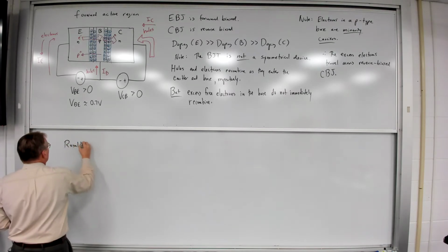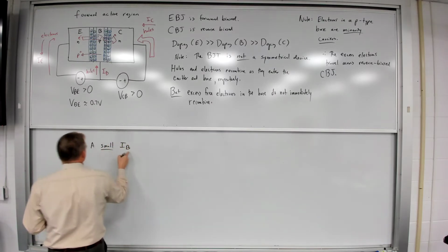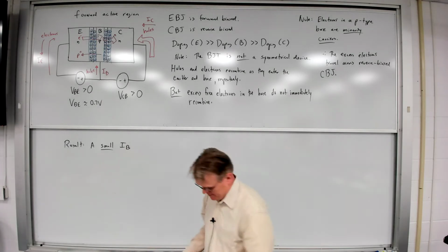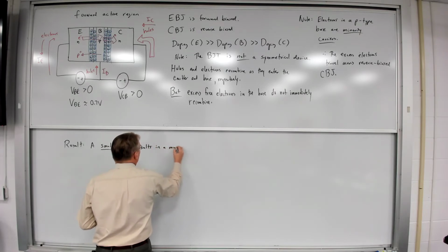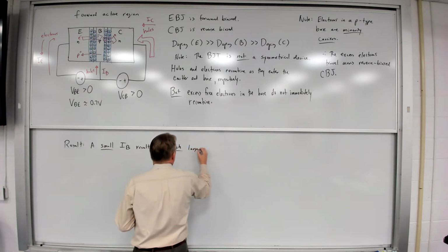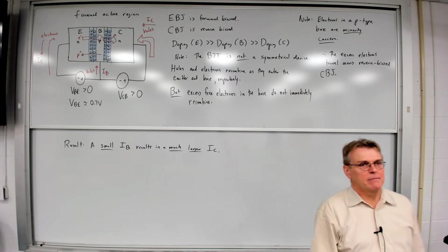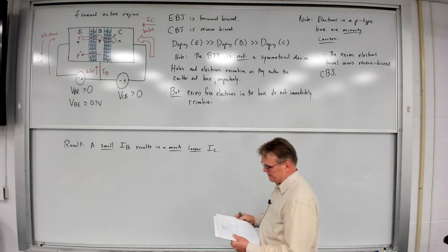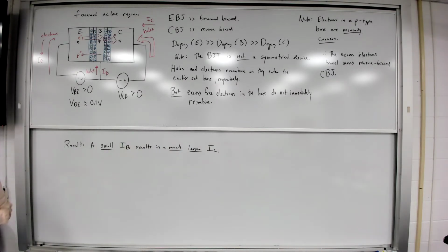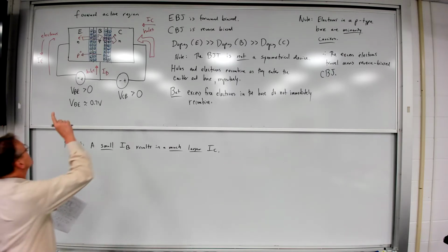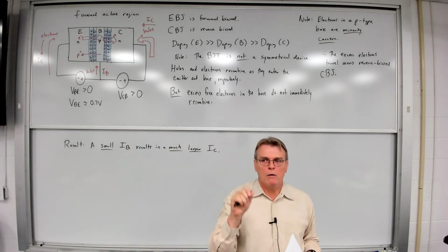Okay, so our result. A small base current, I sub B, results in a much larger collector current, I sub C. And I also want to point out, this forward active region is the desired region of operation for amplifier design.